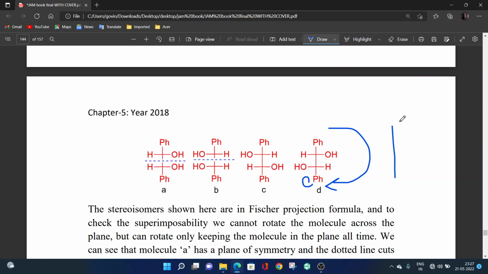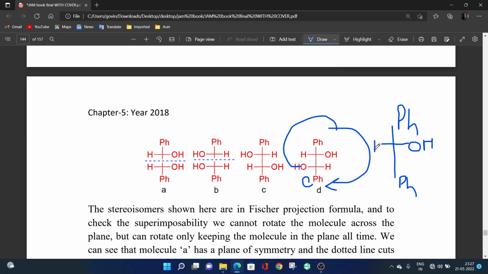So let me draw it for you. The down pH has gone up and the up pH has come down, right? And what else has happened? Now this has gone up, and you can imagine 180 degrees like this. So this OH has come to the right side and H has come to the left side. Think about it.